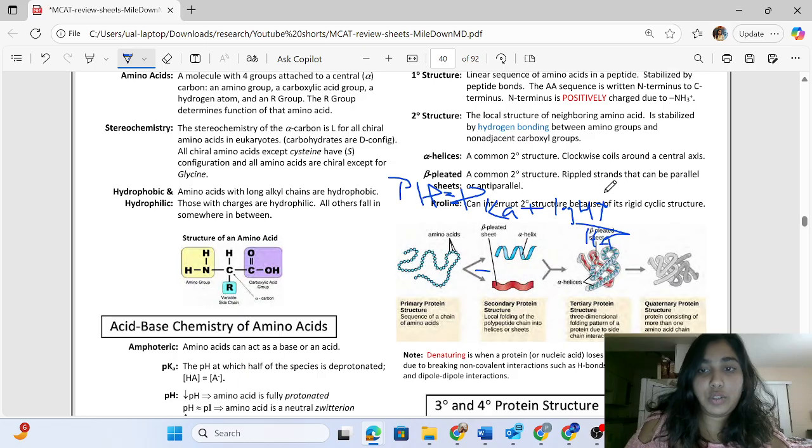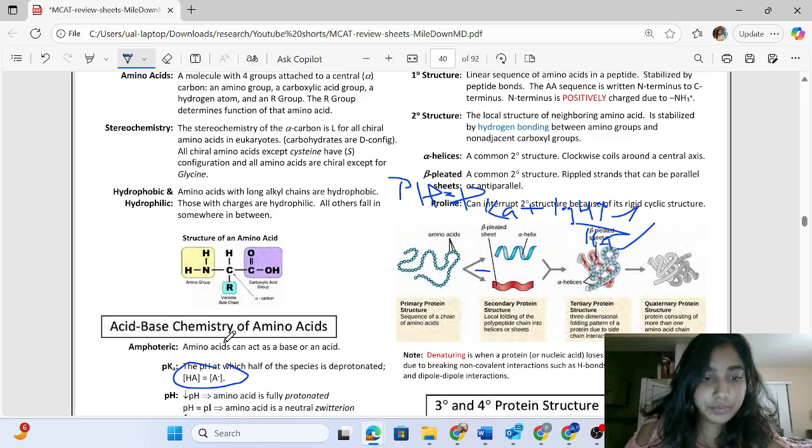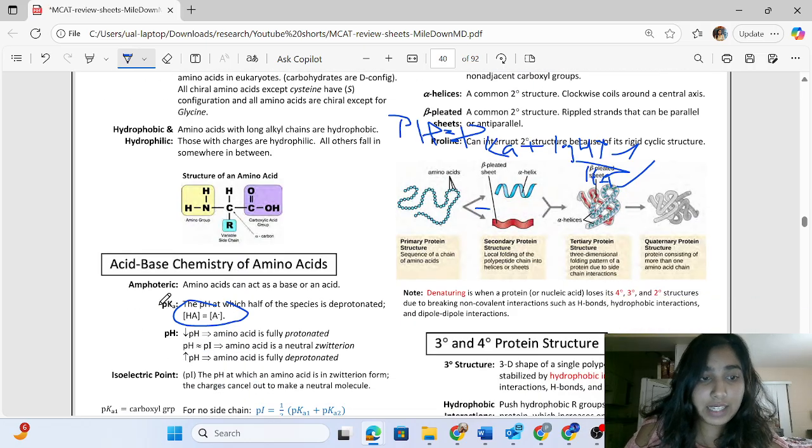When these two are equal, the ratio is 1, and log 1 is 0, so your pH will be equal to pKa. So pKa is the pH when these two are equal to each other.